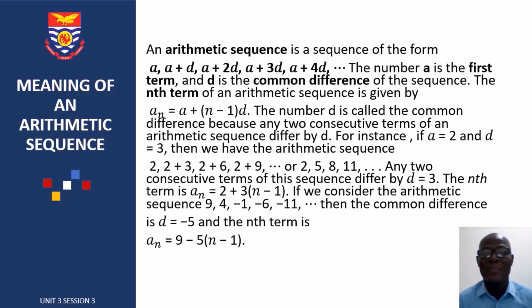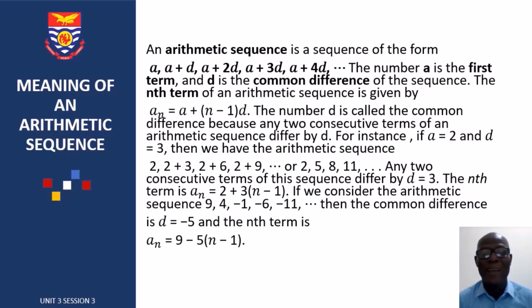Now, when we consider another arithmetic sequence, 9, 4, negative 1, negative 6, negative 11 up to infinity, then we can obtain our common difference D by subtracting either the first term from the second term, that will be 4 minus 9, which gives negative 5, or the second term from the third term, that will be negative 1 minus 4, which is negative 5, or the third term from the fourth term, which is negative 6 minus negative 1, which gives negative 6 plus 1, and that gives negative 5.